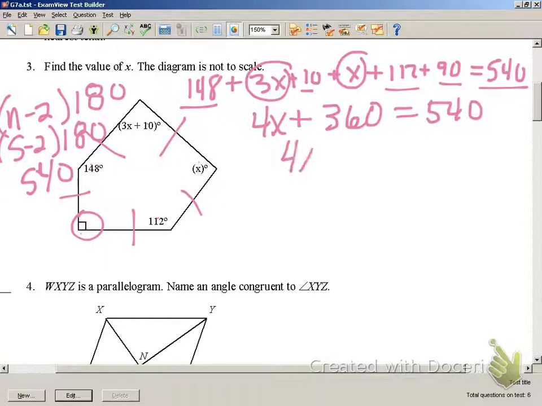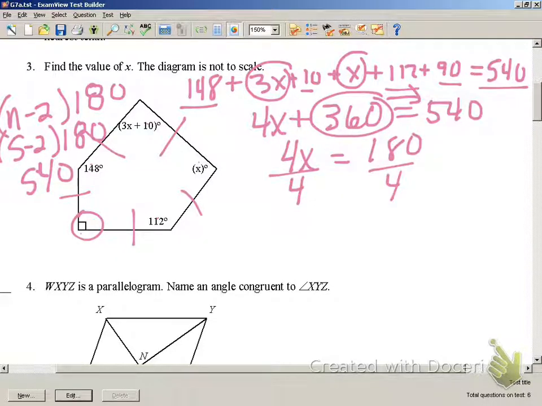So that gives us 4x. I'm going to take this across. So 540 minus 360 is 180. Divide by 4. So x is equal to 45.